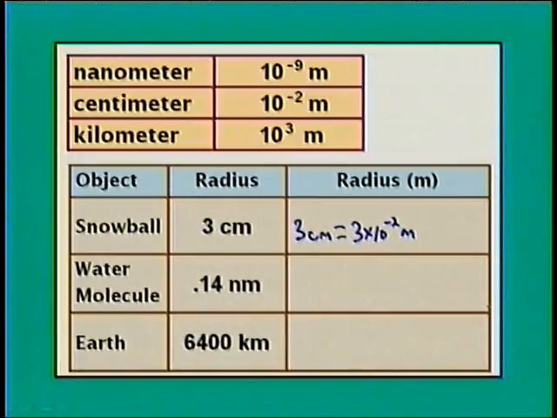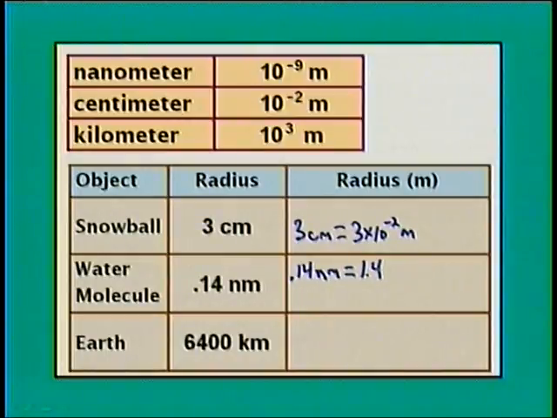Alrighty, let's take our water molecule radius and convert it to meters. So we have 0.14 nanometers. Since I want to express this radius using proper scientific notation, there are 2 things I need to attend to. One thing is I need to make my mantissa a number between 1 and 10. I can't use 0.14 because that's not between 1 and 10. So I'm going to make my mantissa 1.4. Now what do I need to do to get from 1.4 back to 0.14?